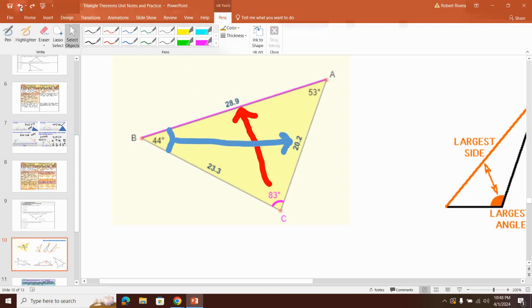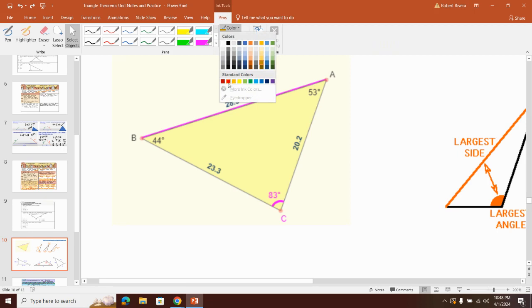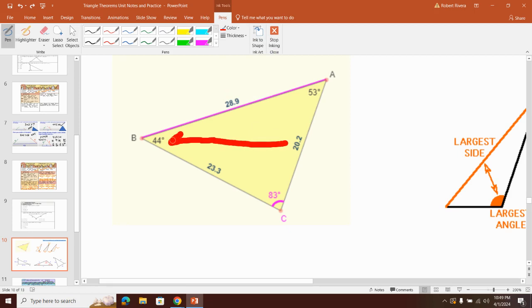It also works the other way. We can go from the smallest side. The smallest size is 20.2. So who's in the opposite? The smallest angle. Smallest with smallest, they're across from each other.